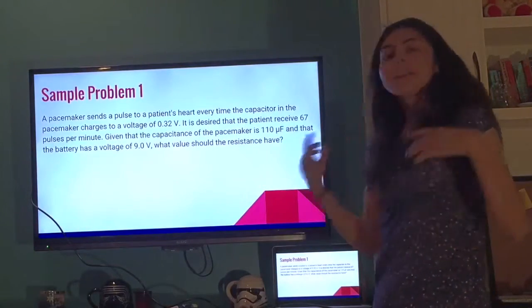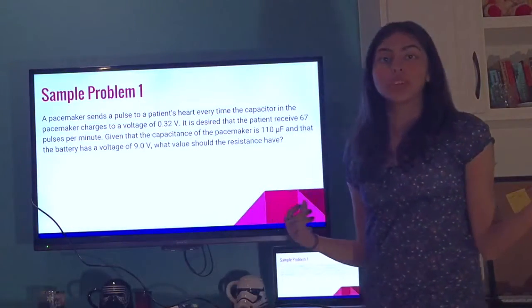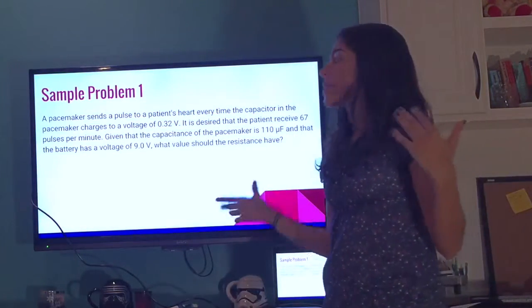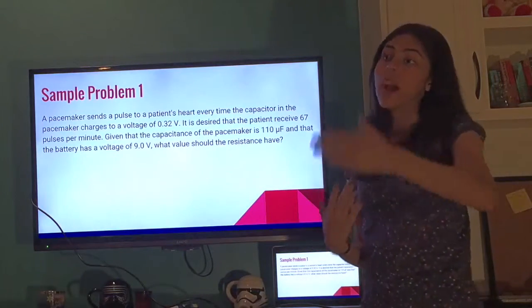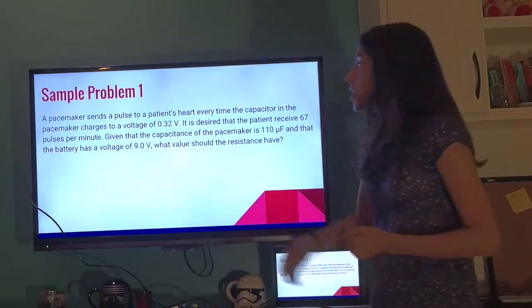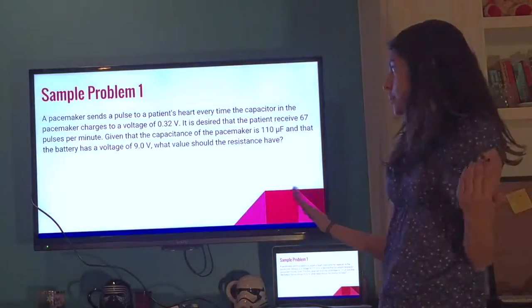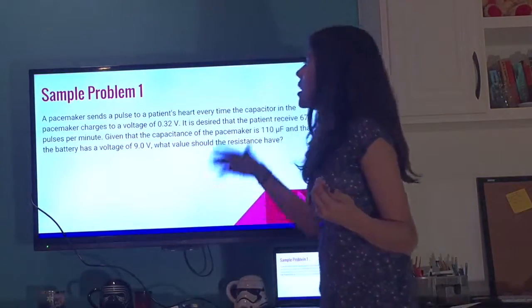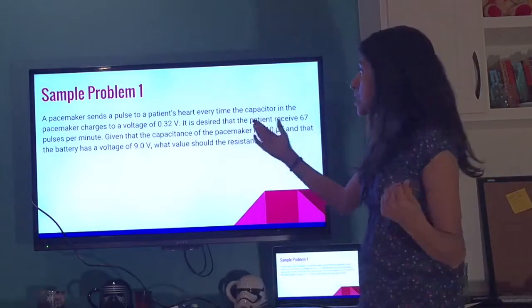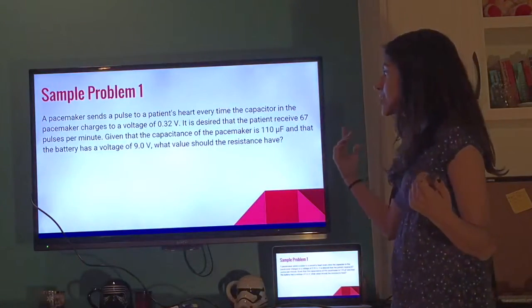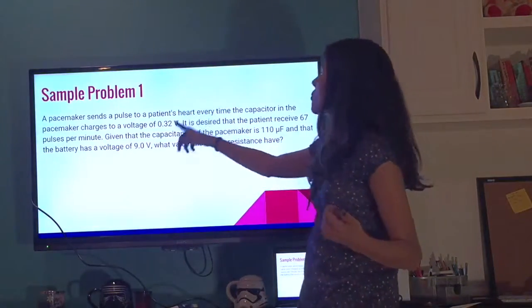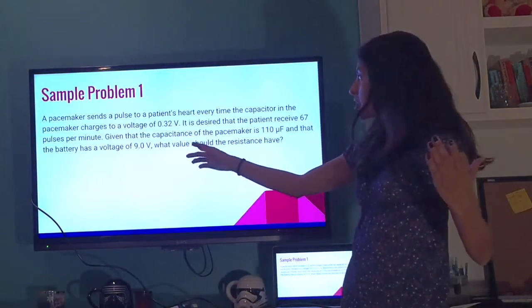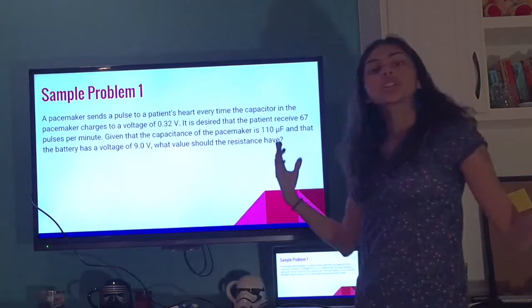Okay, so now that we talked about capacitance in the previous slide and how the charge that it stores can determine whether it fires that electrical signal or not, we're going to be applying that same concept in this problem. A pacemaker sends a pulse to a patient's heart every time the capacitor in the pacemaker charges to a voltage of 0.32 volts. So that 0.32 volts, just to mention again, is the threshold.